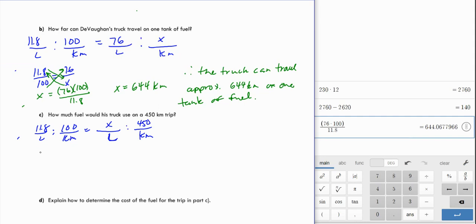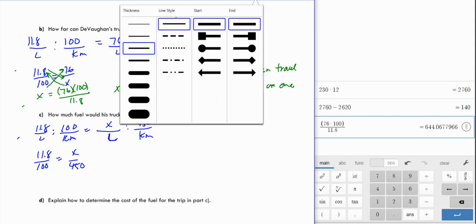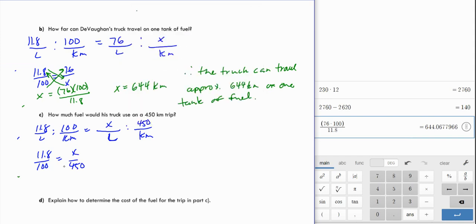So do the same pattern that we did before. 11.8 over 100 equals x over 450. Now there's not as much cross multiplying we need to do. So we're just going to bring one thing up, and that's going to isolate our x.